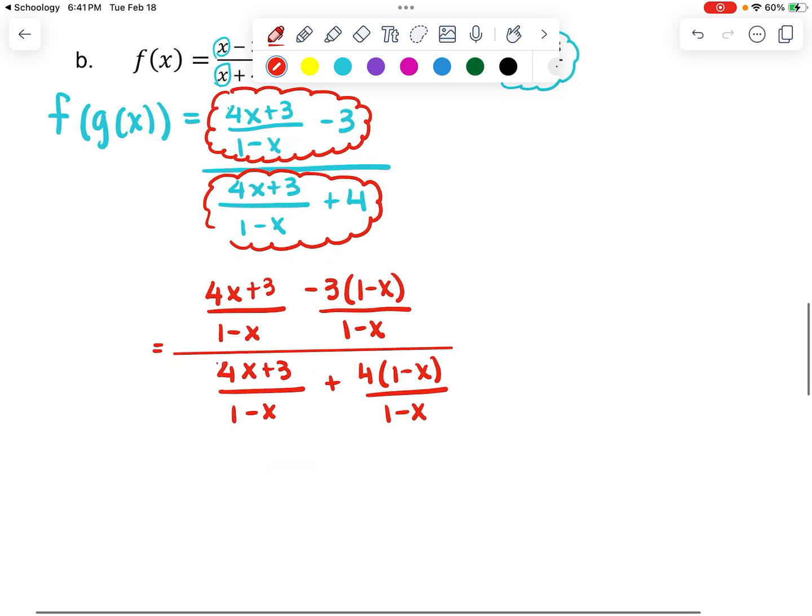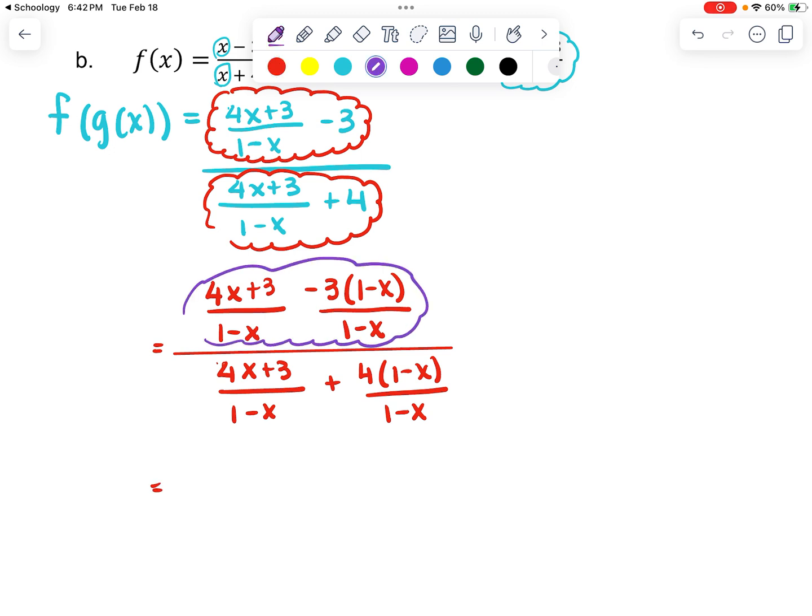Okay. Now, since they both have a common denominator of 1 minus x, I'm just doing these two fractions. So now I have 4x plus 3 minus 3, and I believe it's going to be plus 3x.